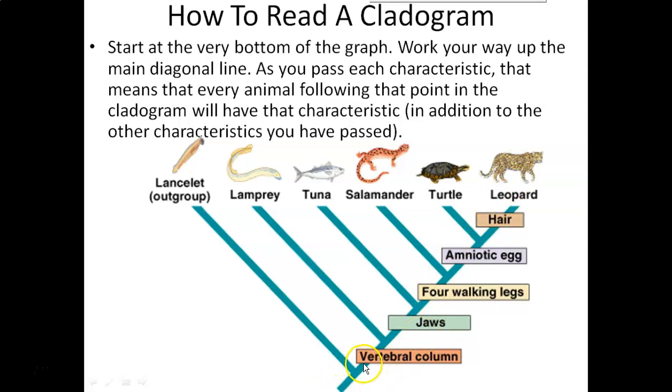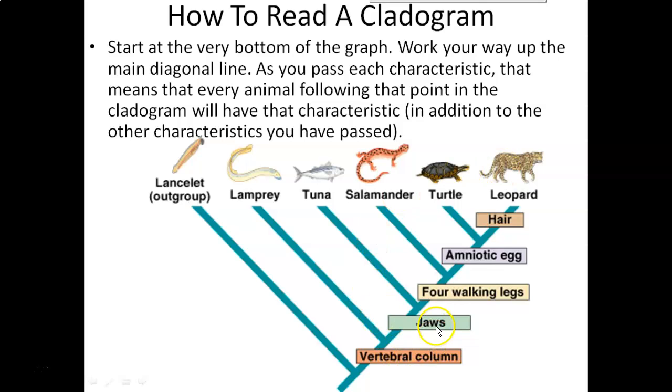So the lancelet doesn't have any characteristic before it, so we don't have a characteristic to describe it. However, vertebral column is next. That means that the lamprey, tuna, salamander, turtle, and leopard will all have vertebral columns, meaning they have spines.